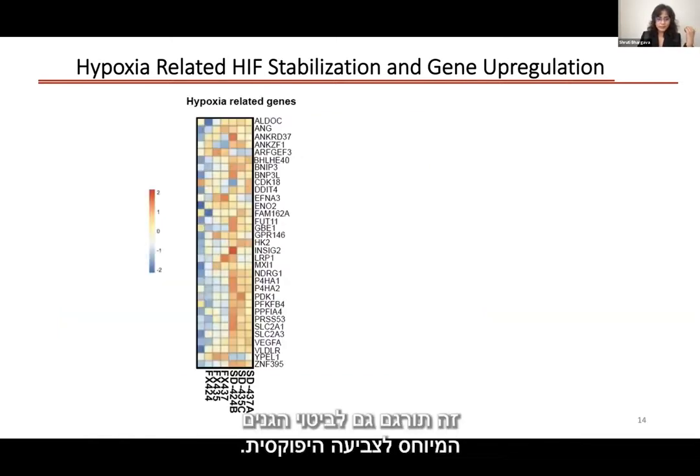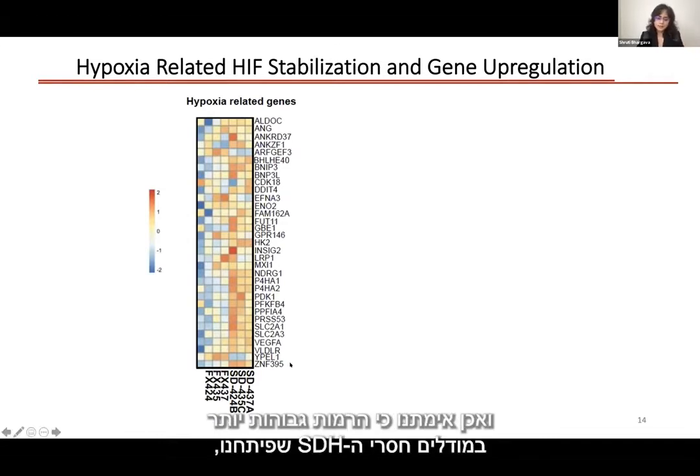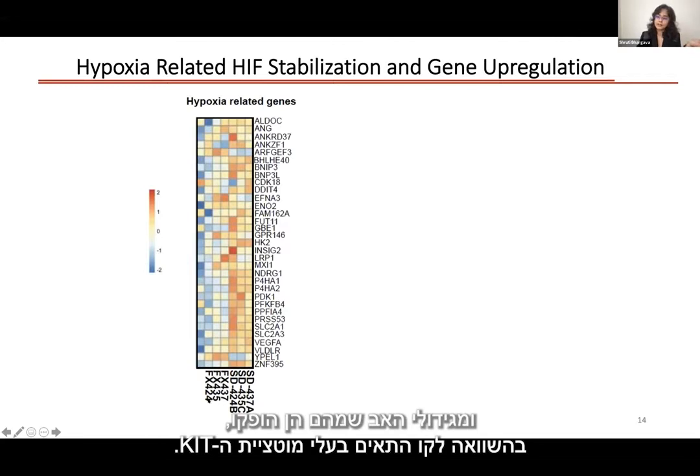Now, this was also translated into the gene expression that is associated with a hypoxia-related state. And we did verify that these are higher in the SDH deficient models that we have established and the parental tumors from which they are derived, as compared to the KIT mutant cell line.